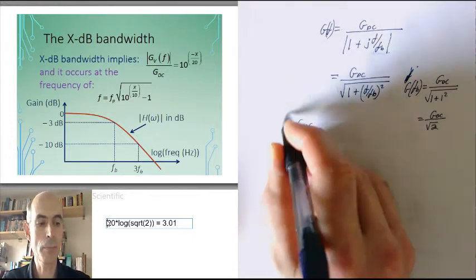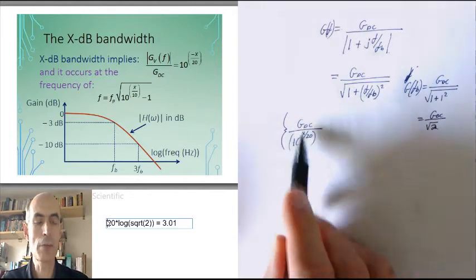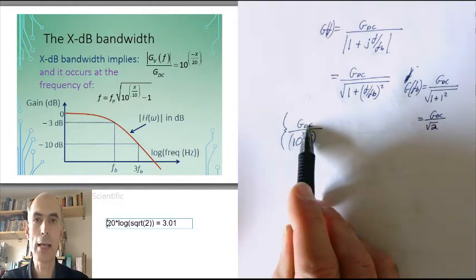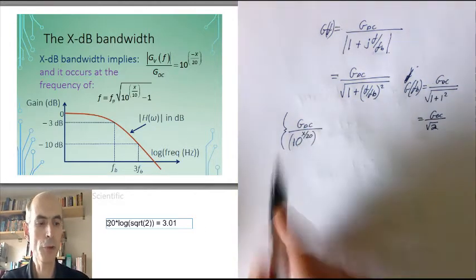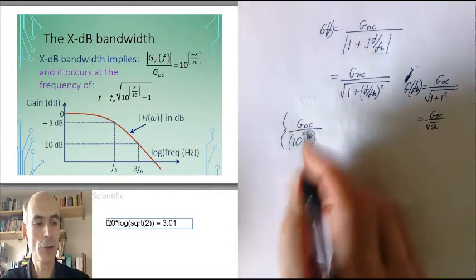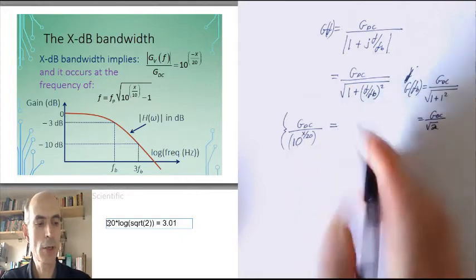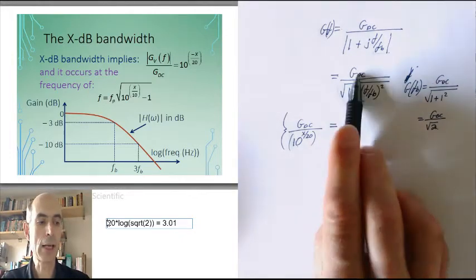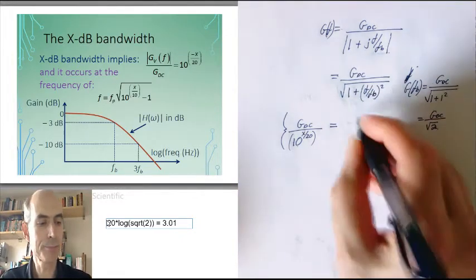This whole term, in other words, is X dBs below the gain at low frequencies. So if I want to know at what frequency the gain has this value, I just equate this to this expression here, which is the gain at the frequency F.